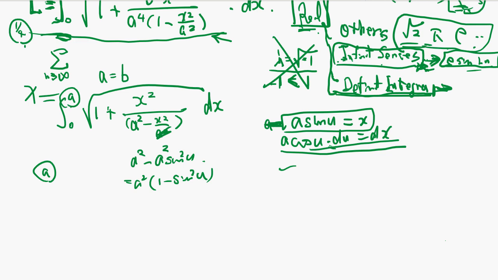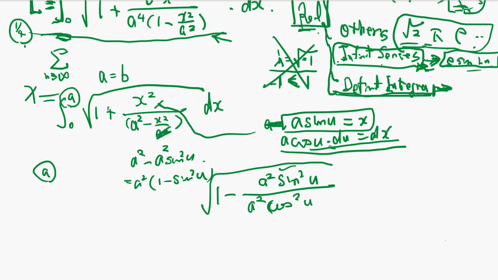Okay, this goes in here, so it's going to be a squared cos squared u and a squared sine squared u. Is that correct? And 1 minus, and square root, plus. Is that right? And plus a cos u du.